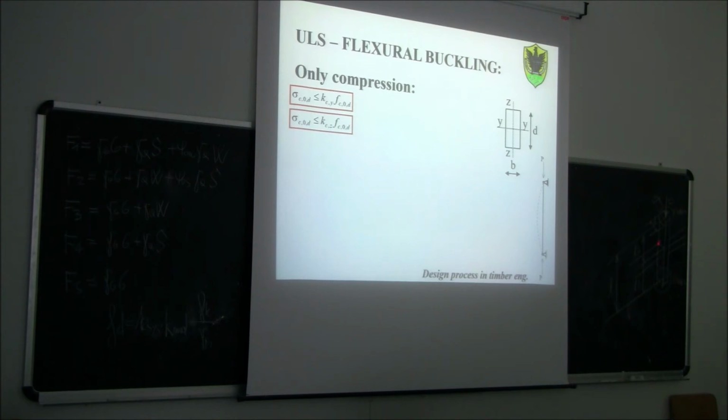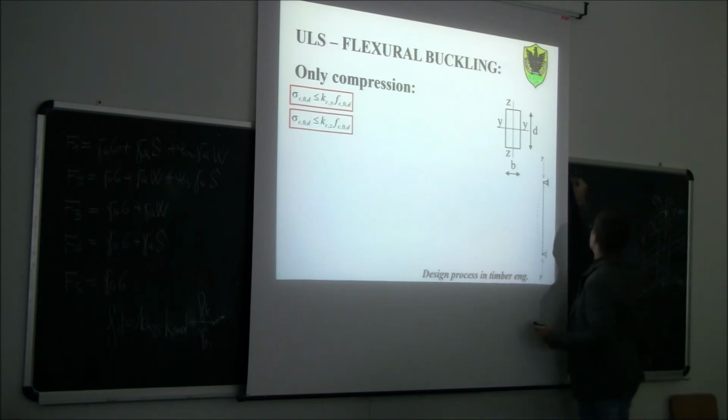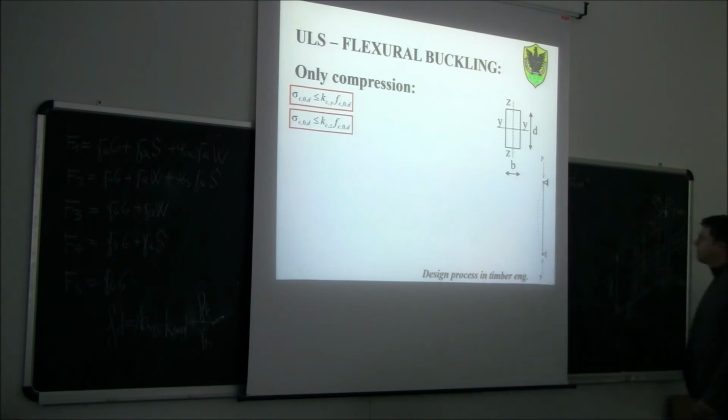And we have to check the buckling of this column. How should we do it? So, you see, sigma c,0,d is the strength demand parallel to the grain in compression. So sigma c,0,d is given by what, in this kind of structure?